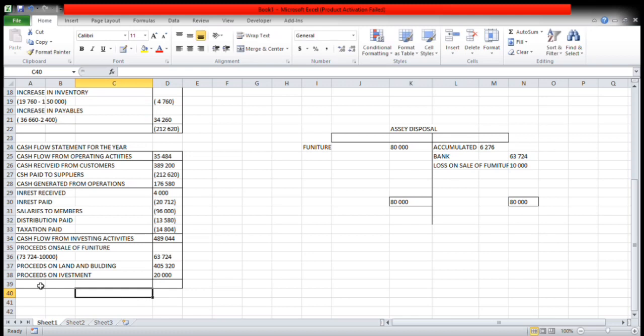So we're also going to have the cash flow from financing activities. Under the cash flow from financing activities, we are only going to check what kind of company this is.